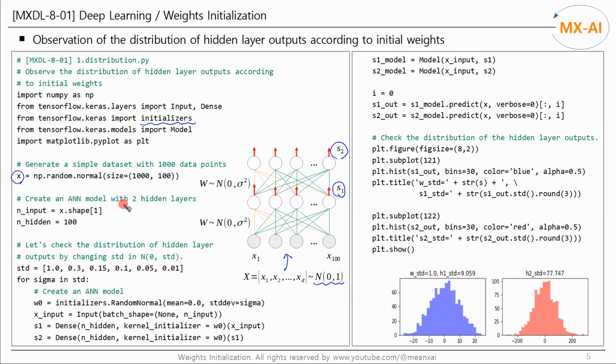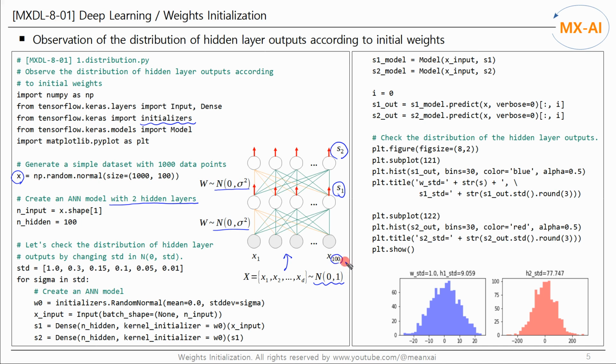We will create a neural network with 2 hidden layers. This neural network will only be initialized and not trained, so there is no output layer. The weights in each hidden layer are initialized with a normal distribution with 0 mean and sigma squared variance. The number of neurons in the input layer is 100.